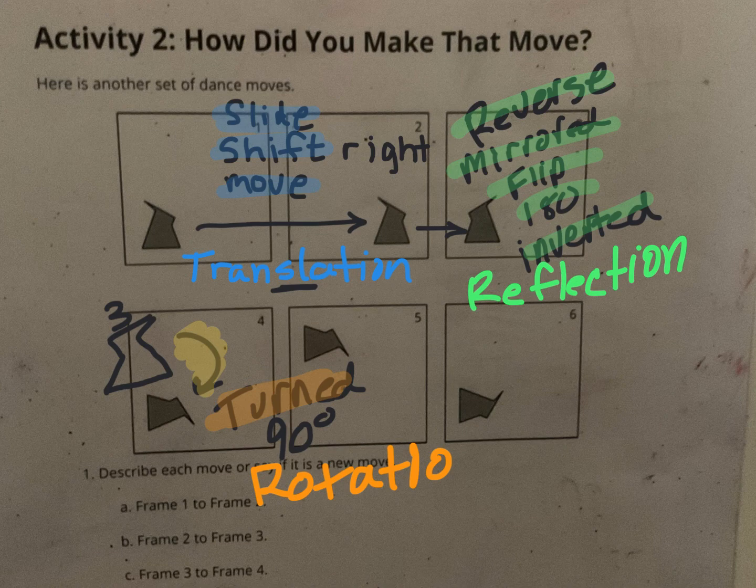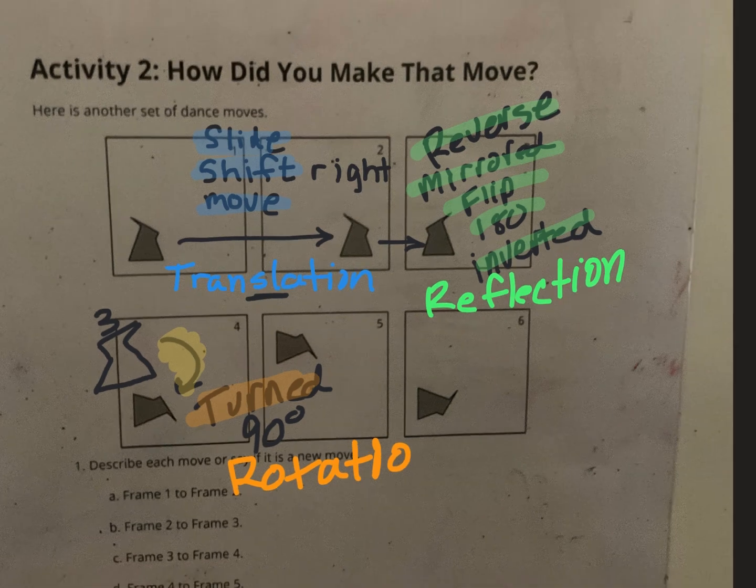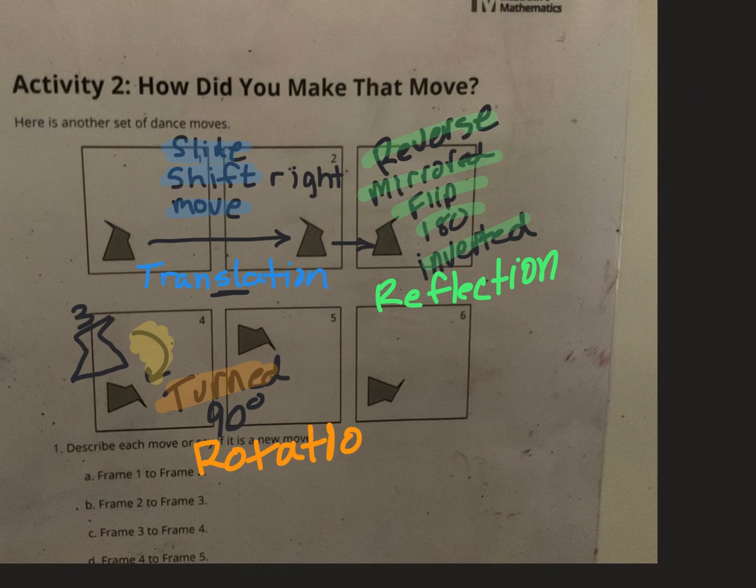Did the actual size or the shape of the little penguin, because that's what it is in my head, change? Did it get bigger or smaller? No. Did anything about it change besides the direction it's facing? No. So there's one last word that I want to make sure that you guys get.